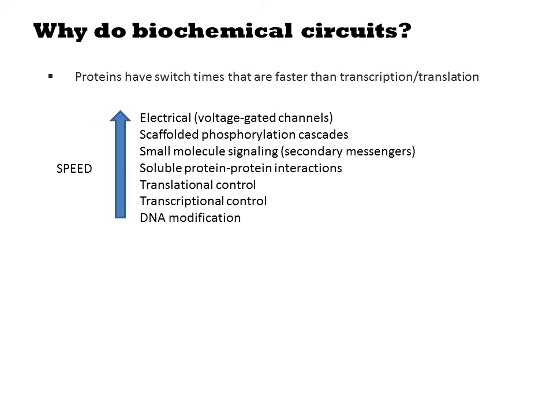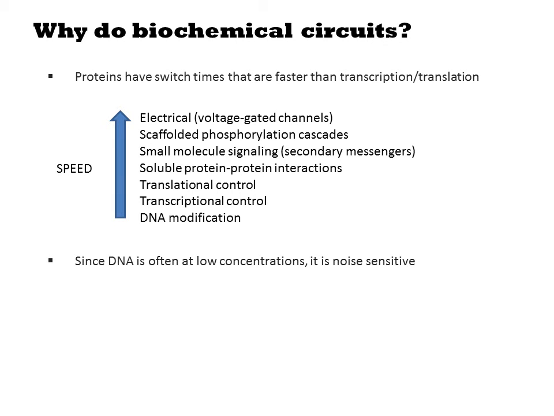The slowest ones are DNA modification, transcriptional, and translational control. These require proteins to turn over, so they typically occur on the multiple minutes timescale or slower. Protein-protein interactions, small molecule signaling, and phosphorylation cascades happen on the timescales of many microseconds to seconds. The fastest responses involve the opening of channels associated with ion gradients and the electrical responses those confer.